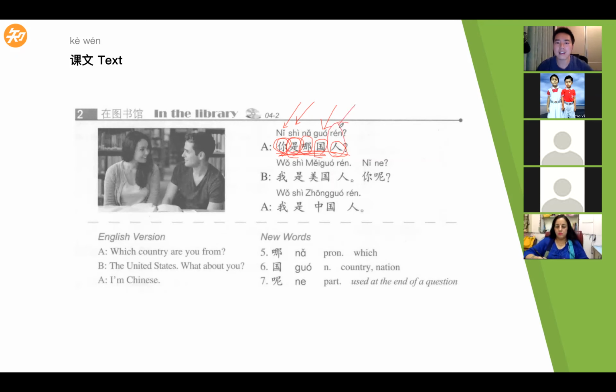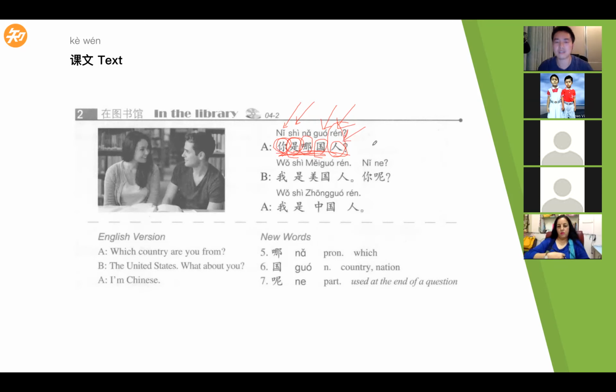So in English, it's which country are you from, right? So it's kind of like which country is enough. But if you analyze the sentence, you to be a country, that's not correct. You to be a person, that is correct. So that's why we should add 人 here. So that is how 你是哪国人 is formed.